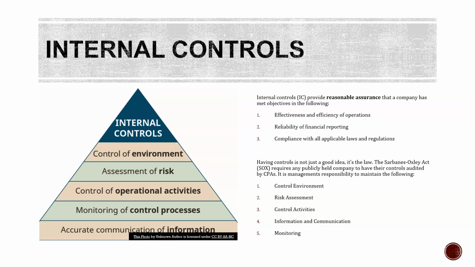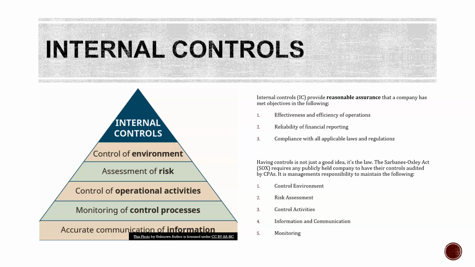Then you have control activities. And these literally are just the actions that result from the policies and procedures that management has built in. So examples of this would be the segregation of duties, making sure that you have locks on doors for offices, like here in Glass Hall, all the faculty offices lock, having key control on external doors, that kind of thing. Those are all control activities, right?